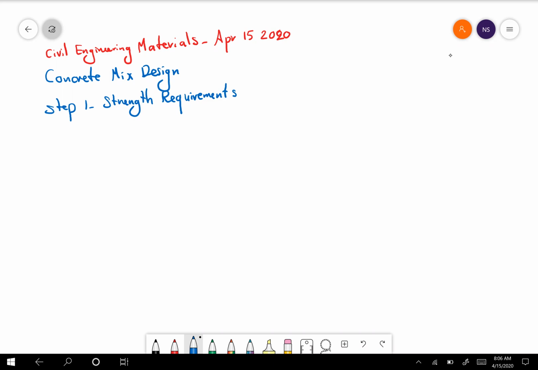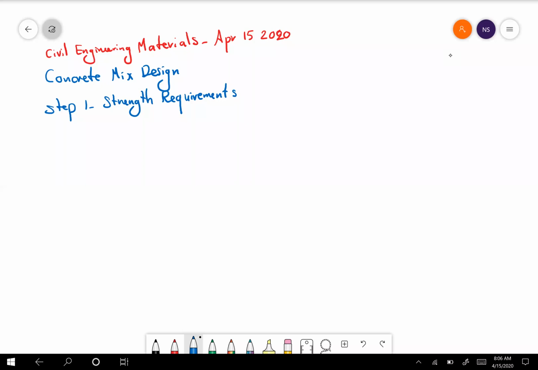And that's exactly why we are designing the concrete to have a specific range of strengths for different applications. Let's say for structural applications, or if it's a pavement or a structural element, we need different strength requirements for these elements.